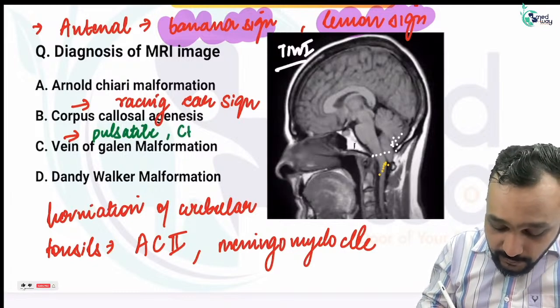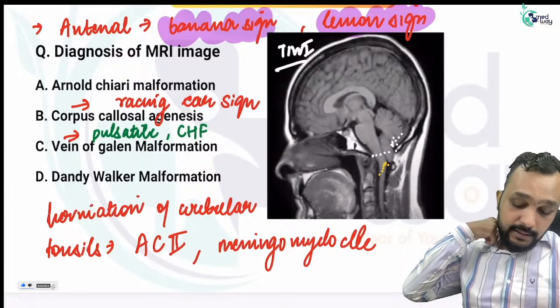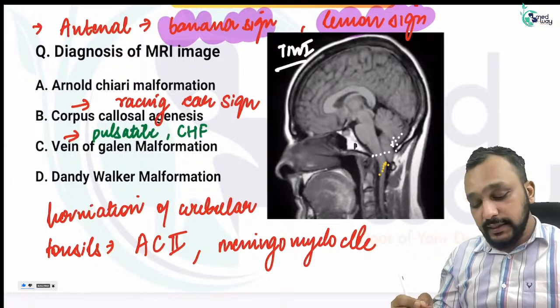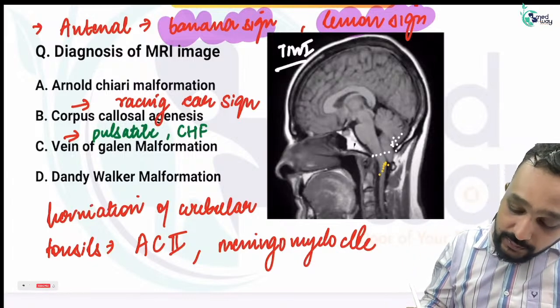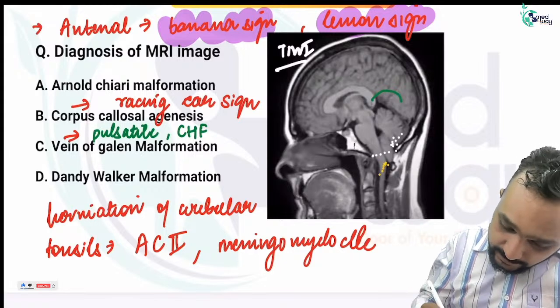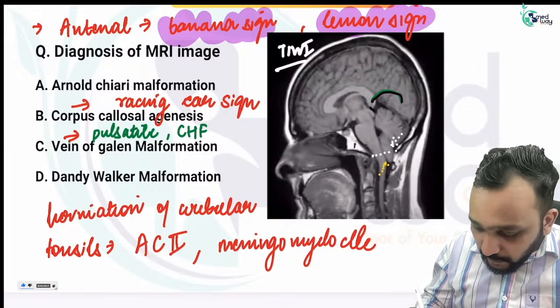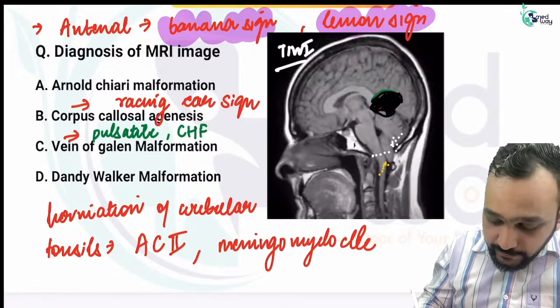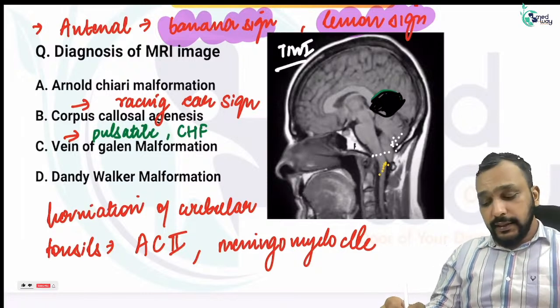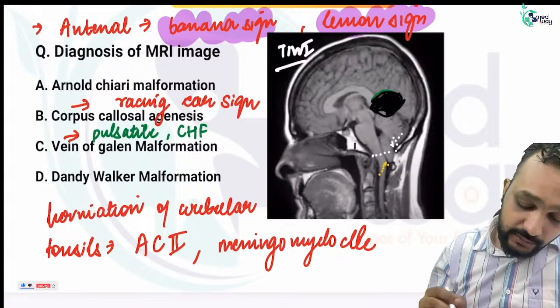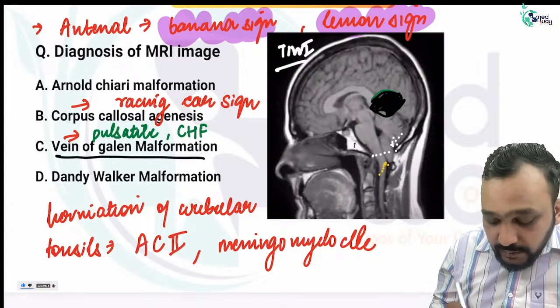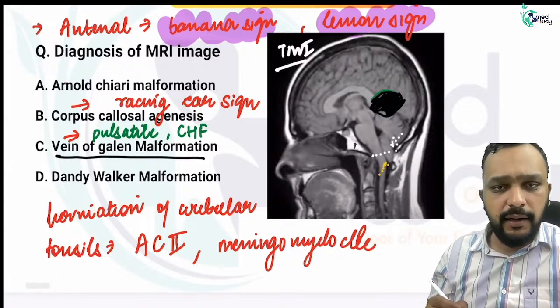You will have features of congestive heart failure, and you will see a large black flow void on the T2 weighted images in the region of the straight sinus, right? So these are the characteristic imaging features of vein of Galen malformation.